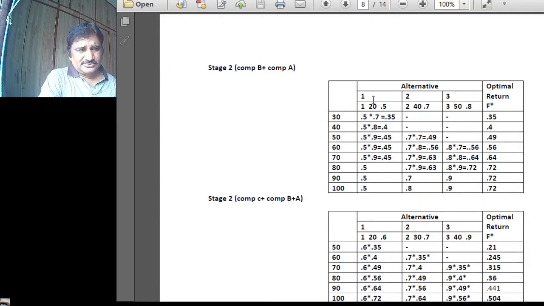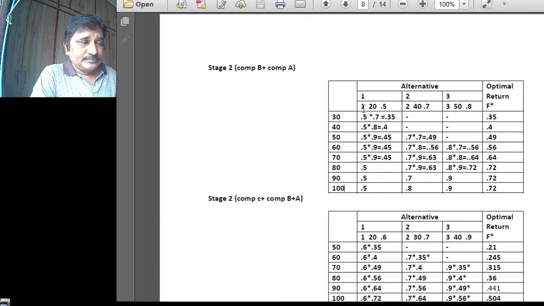The alternatives just discussed: your first alternative for component B is one unit bank for component B, cost rupees 20 and reliability 0.5. Two unit bank for component B costs rupees 40, reliability 0.7, and 3 unit bank costs rupees 50 and reliability 0.8.